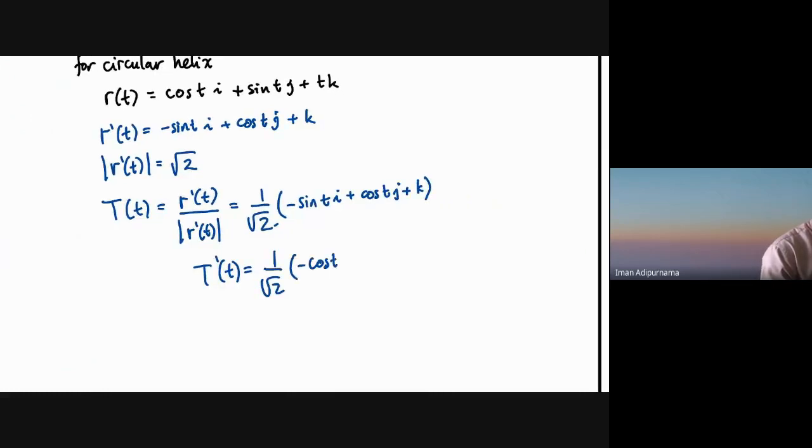So differentiate once more. Oh, minus, sorry. 0, yeah. Stop here. Find the value. It's just 1, and it's just 1 over square root of 2.